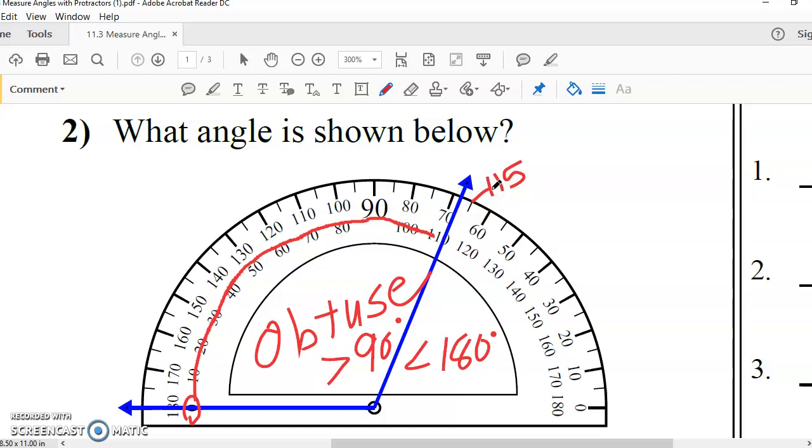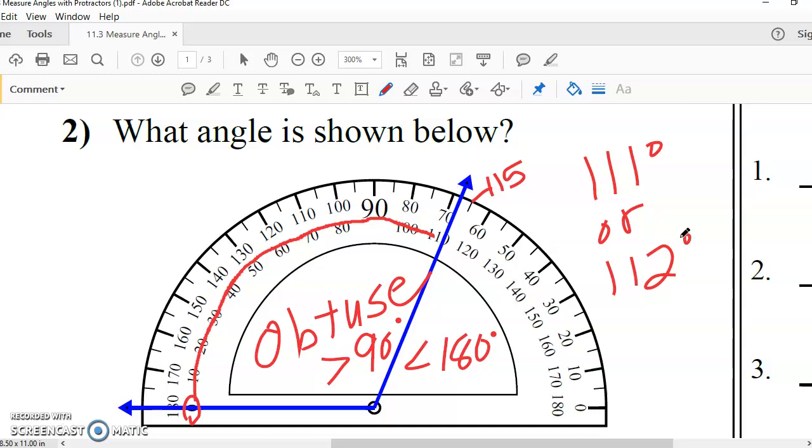So I need to think about what is the best estimate for where that is, because I'm not going to get an exact number since I don't have markings there. This is where you get a little bit of wiggle room. I would probably say maybe 111 degrees or even 112 degrees would be a fair estimate.